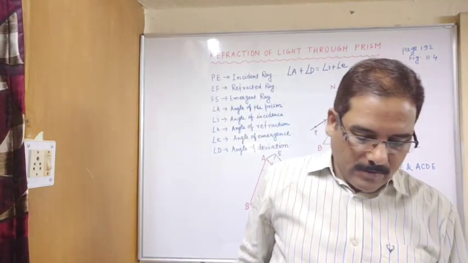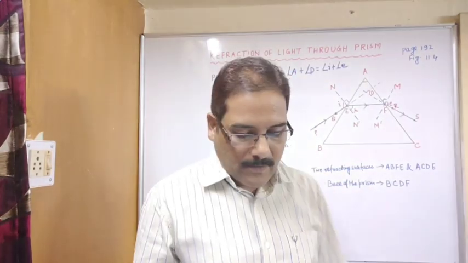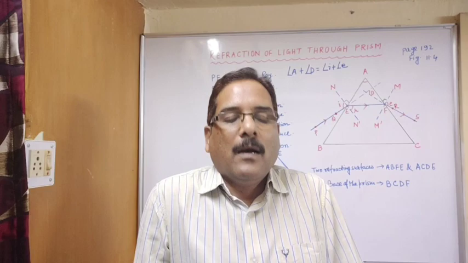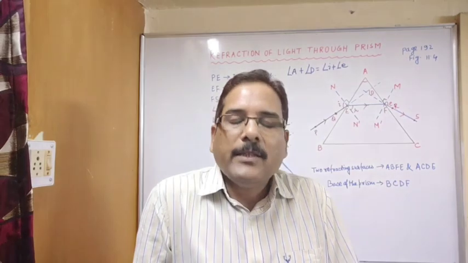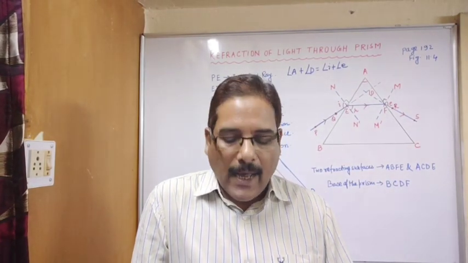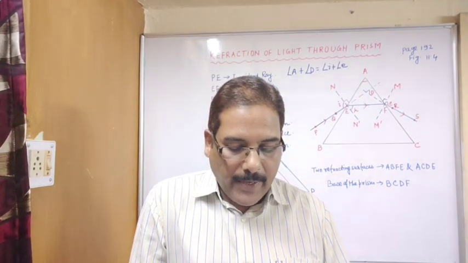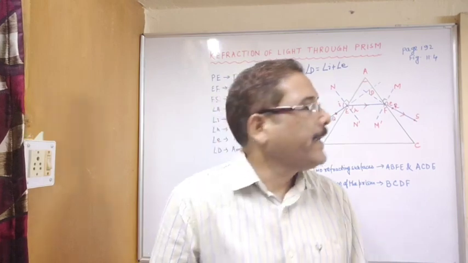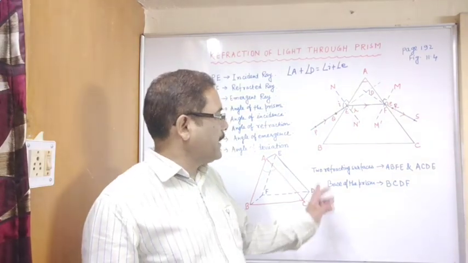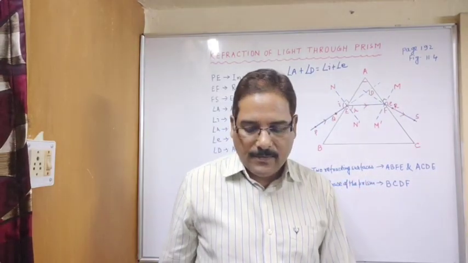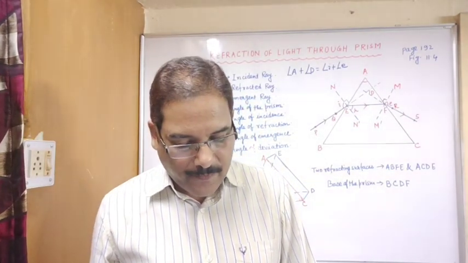Now you write about the angle of the prism, you write a sentence: the acute angle made by the joining of two refracting surfaces is called the angle of prism.